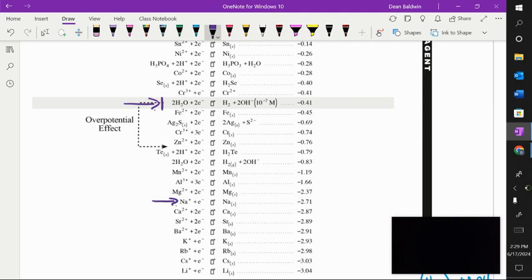Does everybody see those? They're down at the bottom. Okay? Water is there, picks up 2 electrons, produces hydrogen gas, and it's in neutral conditions. Sodium picks up an electron and becomes solid sodium. So, at the cathode, which one is more likely to be reduced? The top one, because that's the stronger one. So water will be reduced at the cathode.